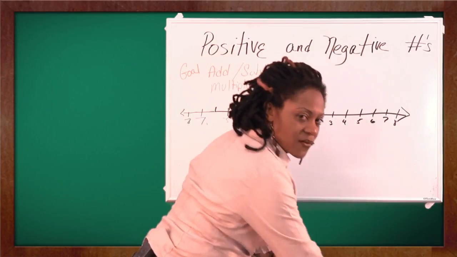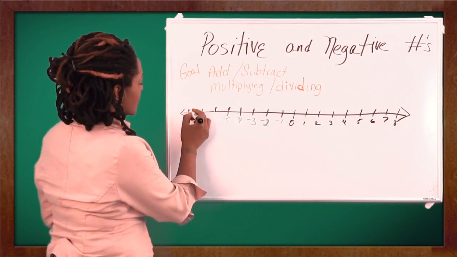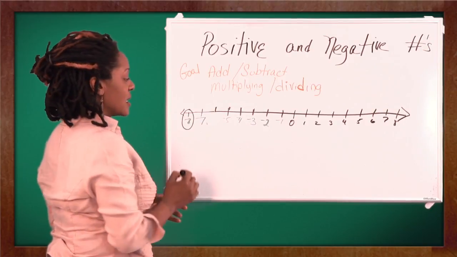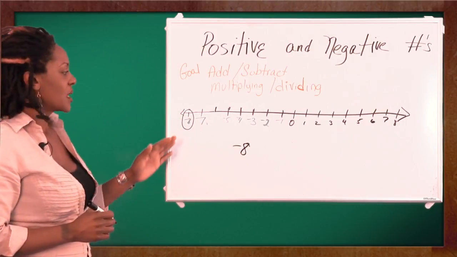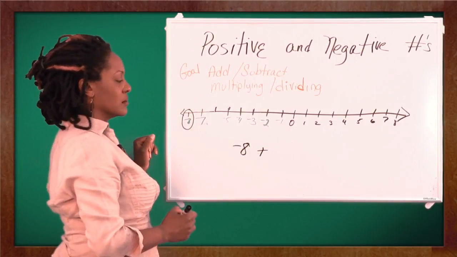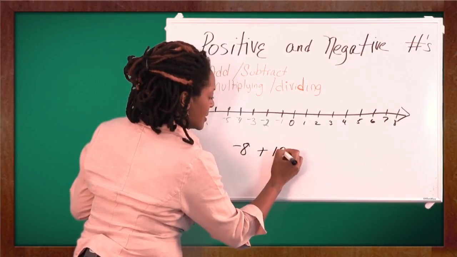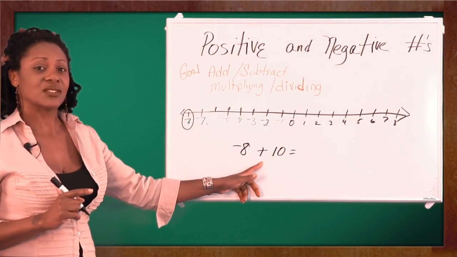All right, so let's go for one more problem. Let's say we were at -8. So there's the first portion of our math problem. -8 plus 10. Now again, we're still using the addition function.